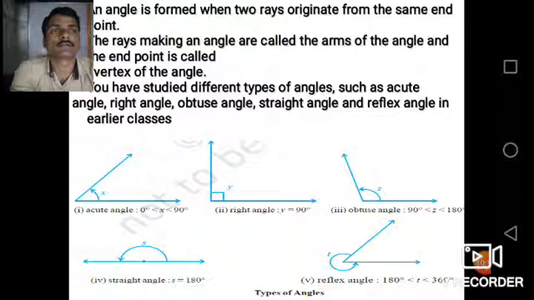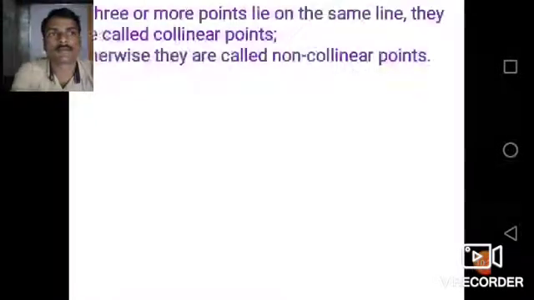Another type is the complete angle, having a measure of 360 degrees. These are some types of angles.